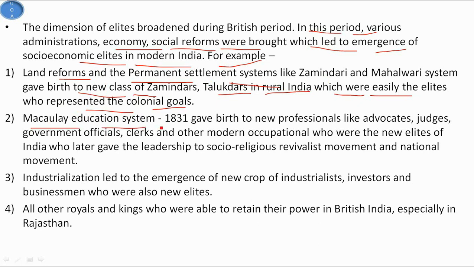Then the Macaulay education system of 1831 gave birth to new professionals like advocates, judges, government officials, clerks and other modern occupations, who were the new elites of India, who later gave leadership to the socio-religious revivalist movements and the national movement.